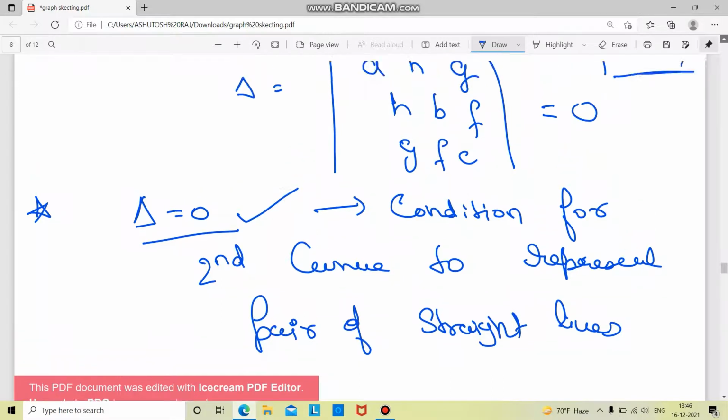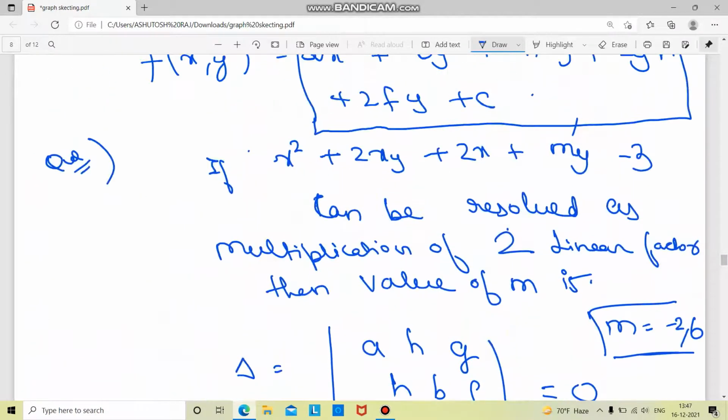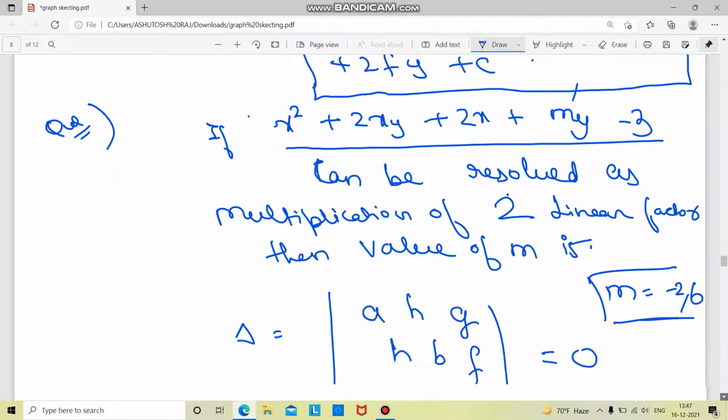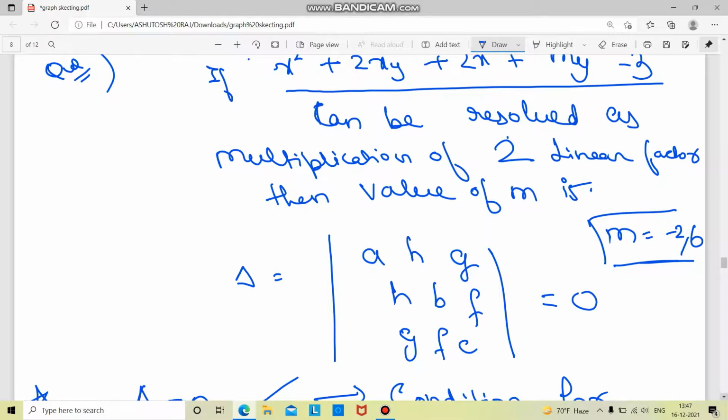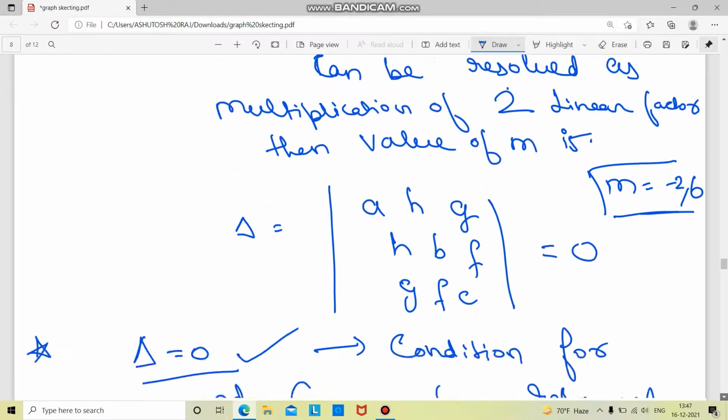The question can be asked like this also: if x square plus 2xy plus 2x plus my minus 3 represents a pair of straight lines, then find the value of m. Then you have to use the same approach. Delta, the determinant of a h g, h b f, g f c, equal to 0, and by comparing you can get the values of a, h, g, b, f, c and you can get the value of m.